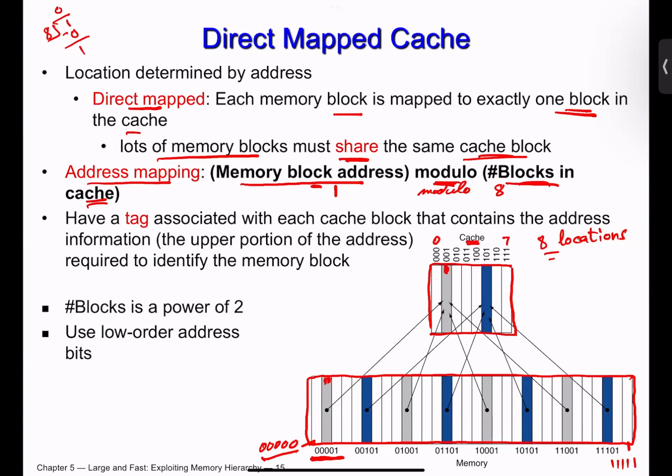How about another student who has this number? What is that number? This number is 9. 9 modulo 8 is what? It is also 1, because 9 divided by 8 leaves a remainder of 1. So that student should also park in the same spot, sharing the same parking spot.